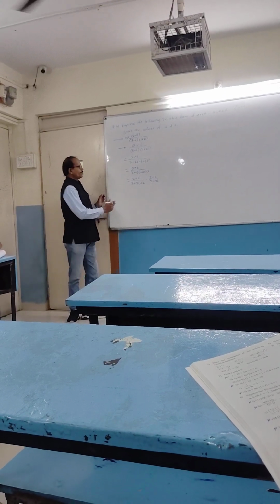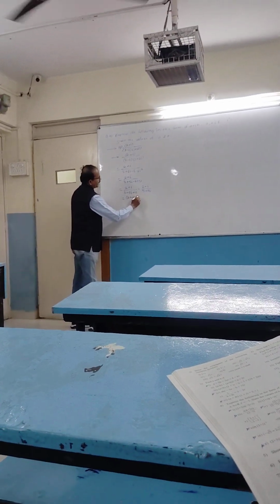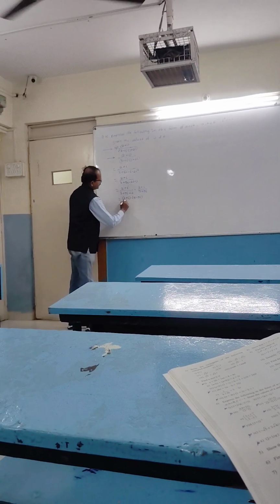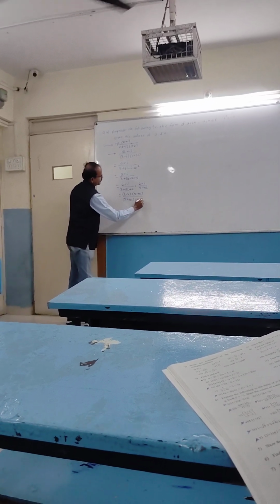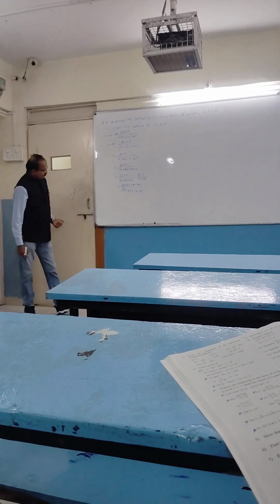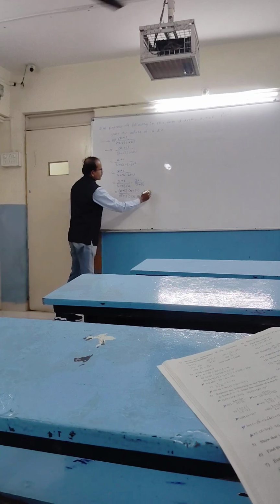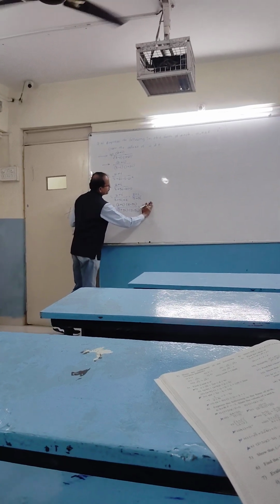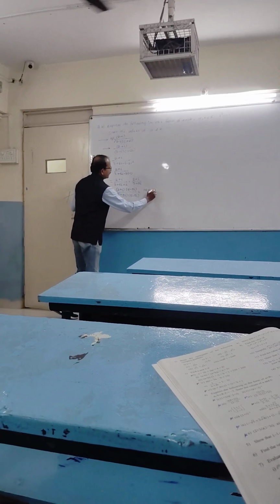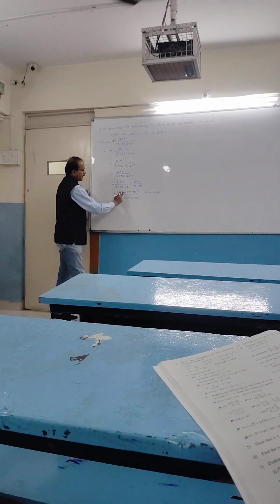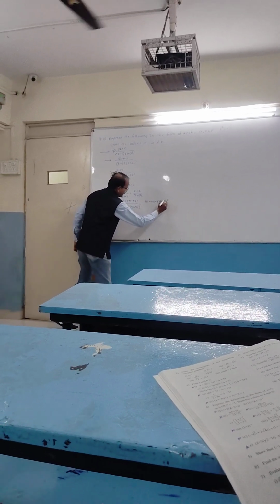Similarly, take the conjugate of the denominator, which is 5 − 5i. Multiply: (2 + i)(5 − 5i) divided by (5 + 5i)(5 − 5i). 2 times 5 is 10, 2 times −5i is −10i, i times 5 is 5i, and i times −5i is −5i².